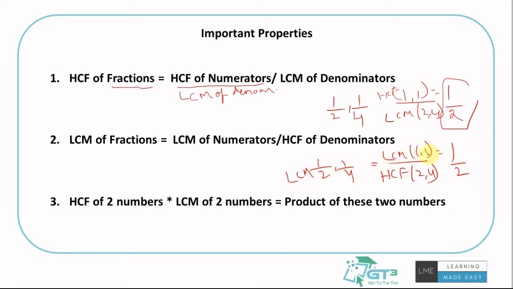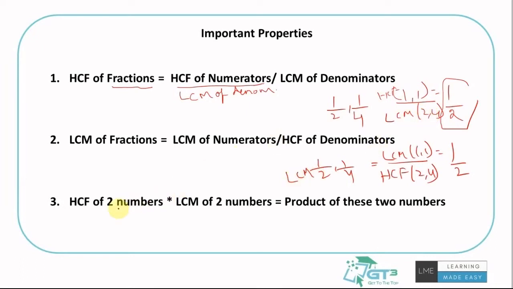That's a common multiple, the least common multiple. And HCF of 2 comma 4 is 2, which is the largest one that can divide both. It's something similar for the HCF as well. So 1 by 2 and 1 by 4: HCF is 1 for the numerator, and LCM of the denominators 2 comma 4 is the least common multiple, which can divide both.